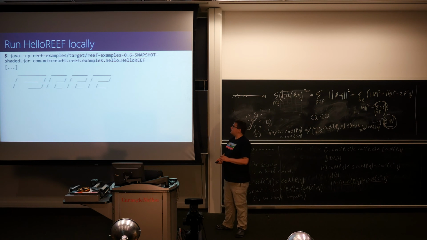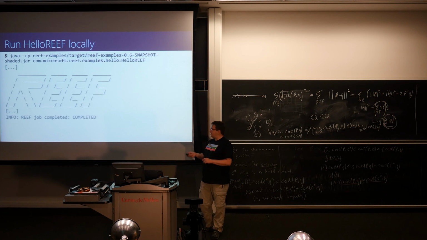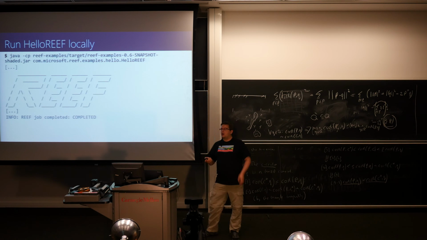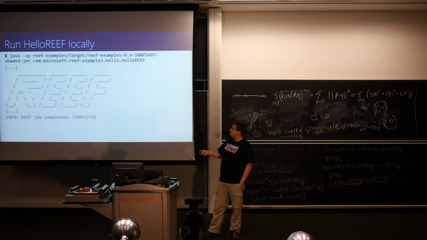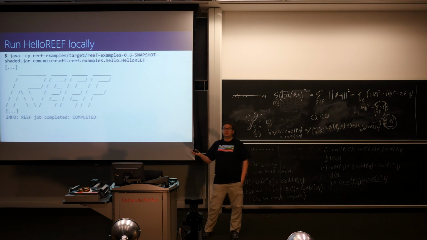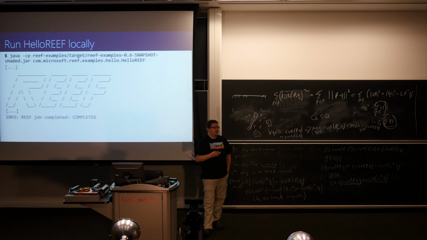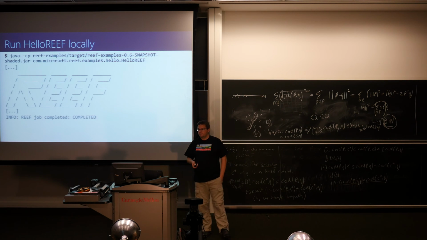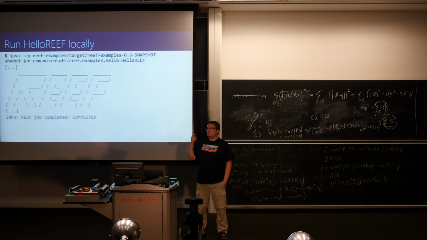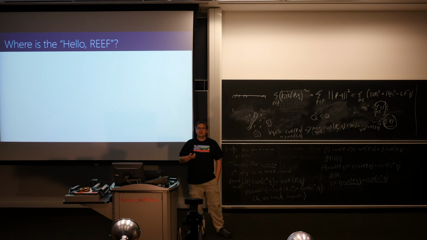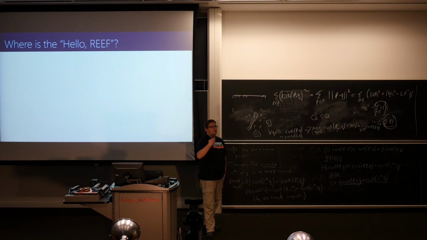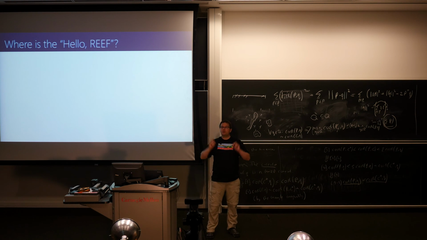Okay, when you run this, you will see some printout like this, and at some point, depending on how many logs you print out on your machine, you will see this, hey, there is a job completed. In this case, the HelloREEF job is completed. And some of you actually asked me yesterday, hey, where's the HelloREEF? So the HelloREEF ends up, remember, this is running on a quote-unquote remote machine.